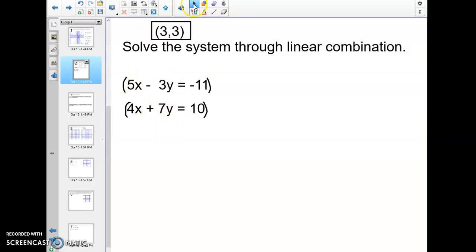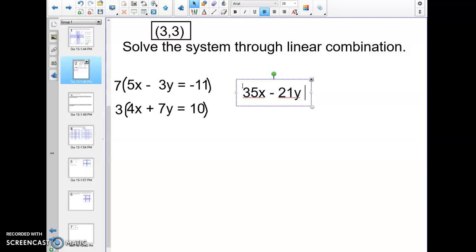And all I'm going to do is take the coefficient in front of the y in the bottom equation and multiply it up top. And then I'm going to take the coefficient of the y in the top equation and multiply it on the bottom. And since they have opposite signs, I don't need to worry about multiplying anything through by a negative. When I multiply through by 7, I get 35x minus 21y equals negative 77.